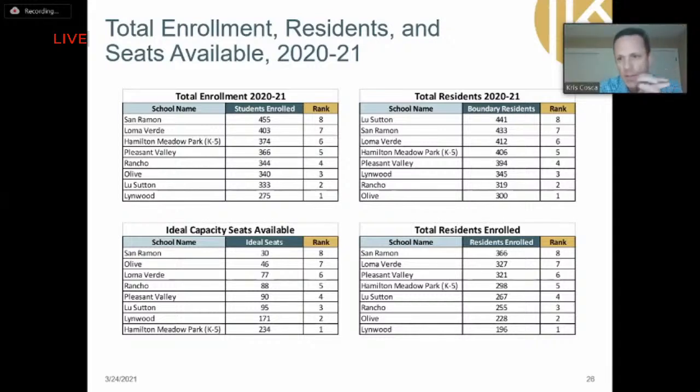So the idea of adding 6th grades to the elementary schools and then just having 7th and 8th grades at the middle schools would put more students on our elementary campuses. It would decrease the capacity on our elementary campuses. It would dramatically decrease the number of students on our middle school campuses and would make them dramatically less efficient.